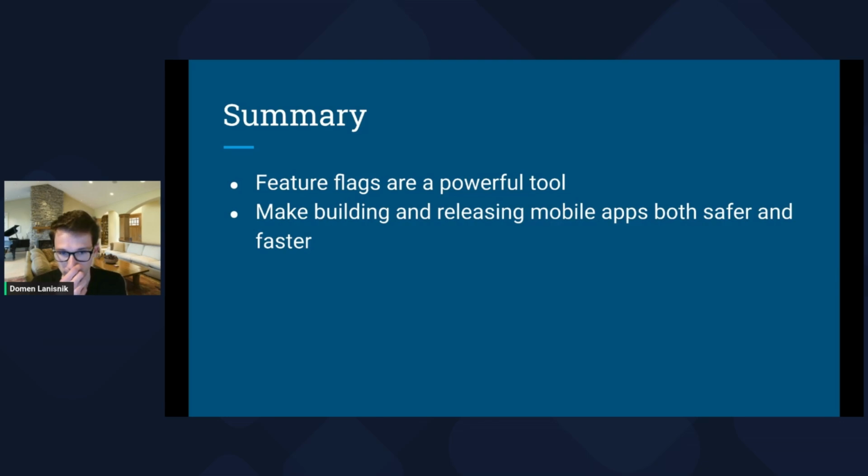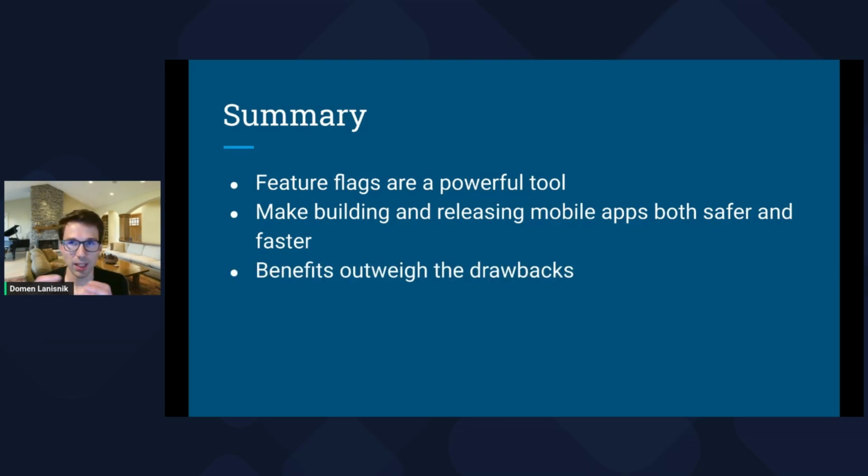And also, they enable you to move faster and be safer. And there are some drawbacks, but the benefits far outweigh the drawbacks, in my opinion. And if you follow the best practices that we outlined, you will also negate some of the drawbacks.